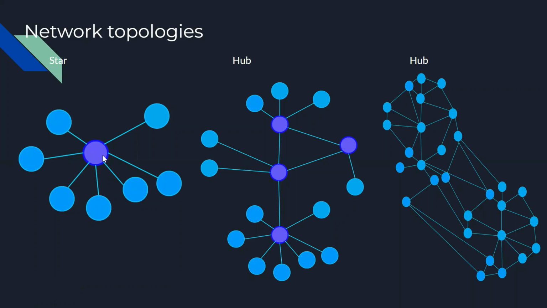That's what a star topology is. And then here with the hub topology, you have these nodes that connect to central nodes, but there are many of them that connect to each of these nodes. And then we have, sorry, this one is supposed to be a mesh topology. I made a mistake. So in your mesh topology, all of the nodes are interconnected.